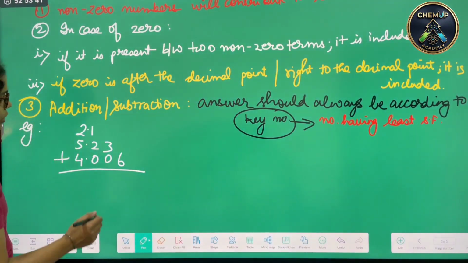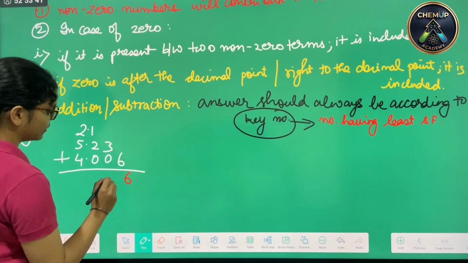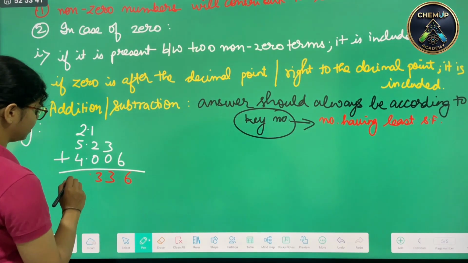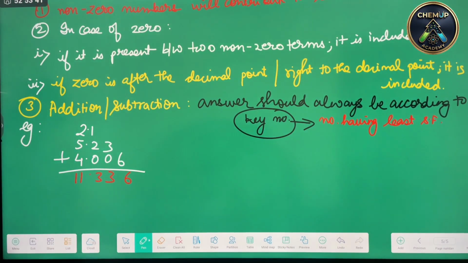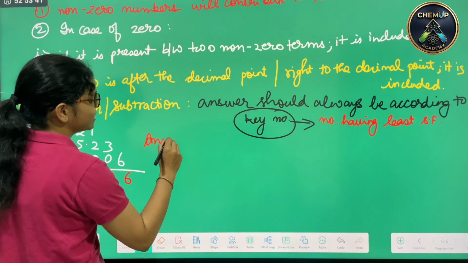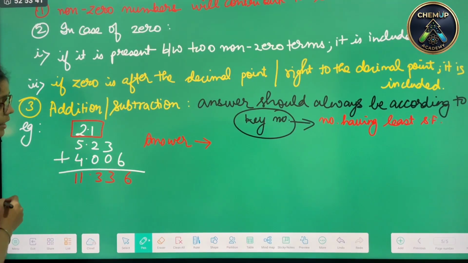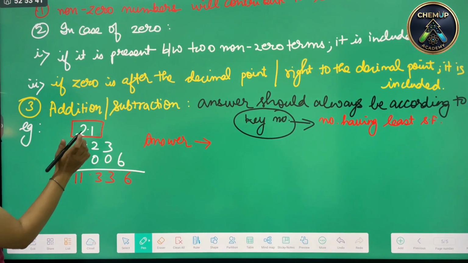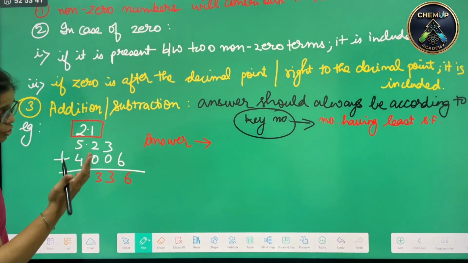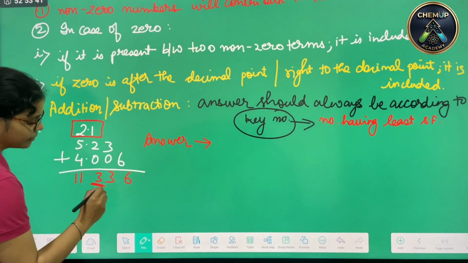So let's calculate. Here we have 6, here we have 3, 3.11. Now this is our calculated answer. But the answer that we shall be representing is according to the key number, and this is our key number. Therefore, how many places do we have? Only one decimal place. Let's round off up till here.